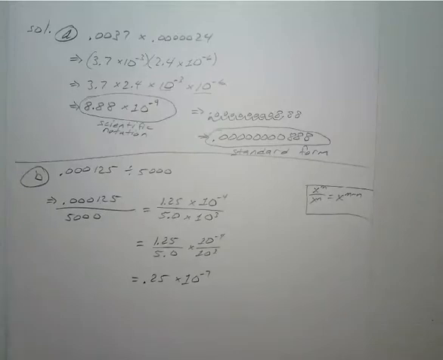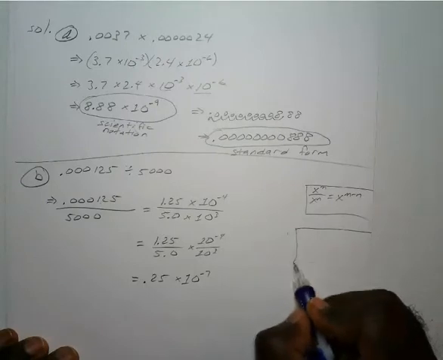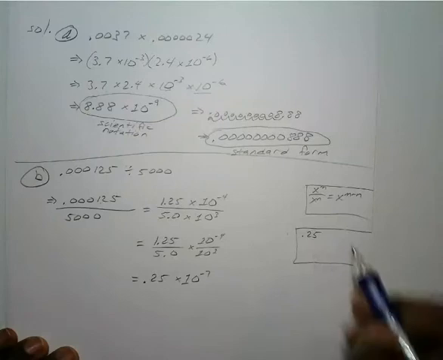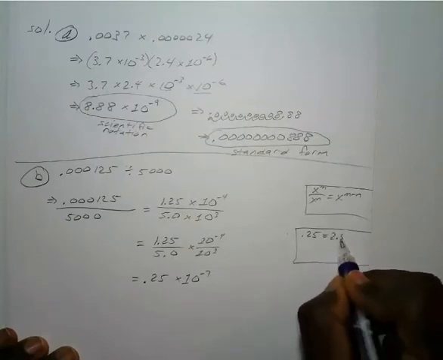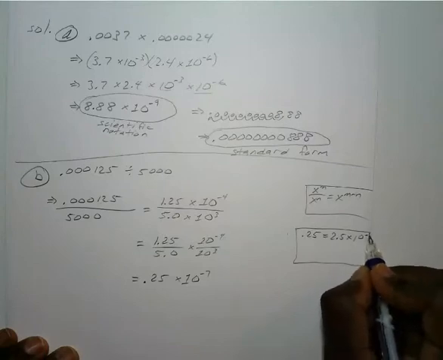Okay. Also remember, this is not in scientific notation form, because that value of a has to be greater than or equal to 1 and less than 10. So that means we're going to have to move that decimal over once. So 0.25, if we move that decimal to the right once, is equal to 2.5 times 10 to the negative 1 power.